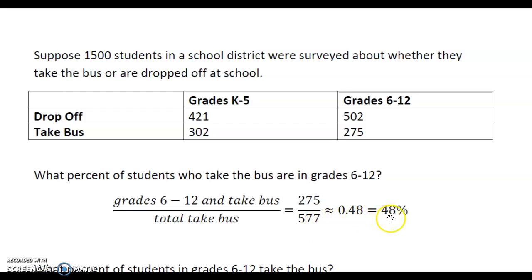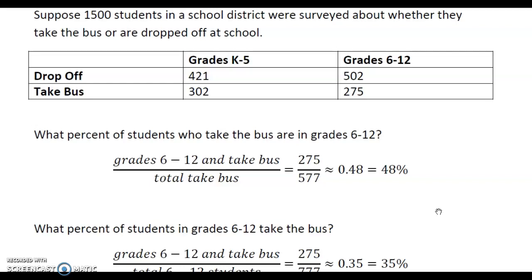That leaves my final answer to the nearest percent. So I have approximately 0.48. That's rounded, so that's why I have the approximately equal symbol here. And then going from decimal to percent, I have 48%. So 48% of students who take the bus are in grades 6 through 12.